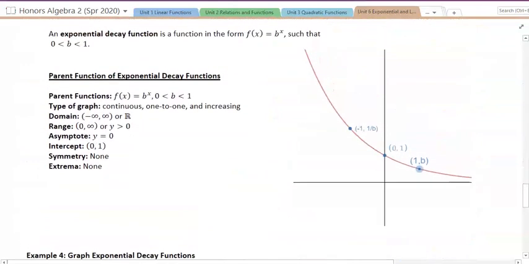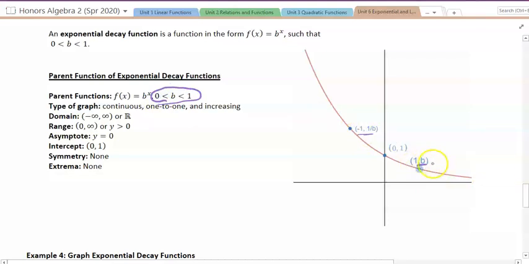You'll see that this function is very similar to its brother, the growth function. Except instead of it being really low at the start and then growing, we're starting high and shrinking. The only change that really happens is what my b value can be, and what happens with these supplementary points here.